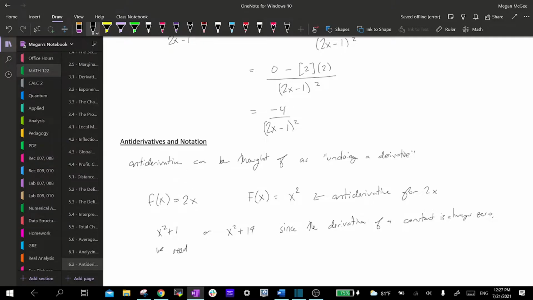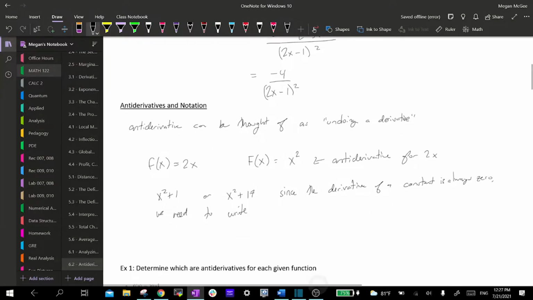we need to write that we have x squared plus c. Okay, so we need to write x squared plus c, where c is the constant of integration. So that's what we call c.